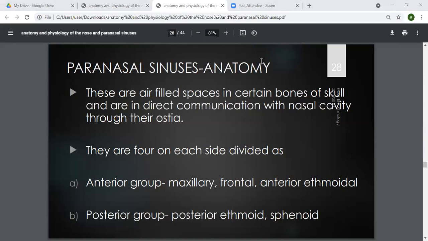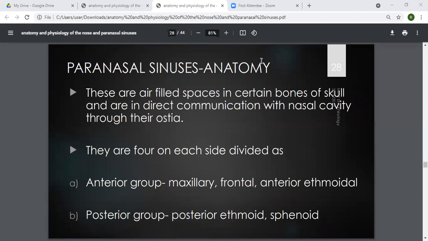So for the paranasal sinus anatomy, basically these are air-filled spaces within some bones of the face, and they're in direct communication with the nasal cavity through what we call ostia. The ostia is what we found in the meatus, where we had the middle meatus, which is corresponding to the middle turbinate, and then the sphenoethmoidal recess.